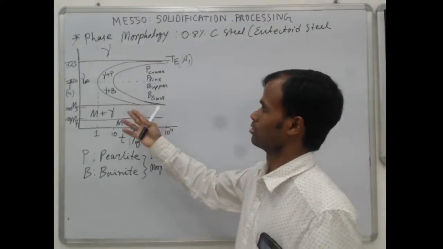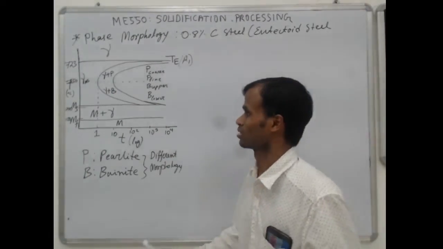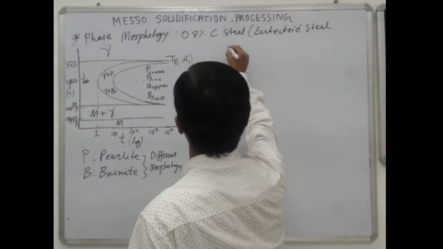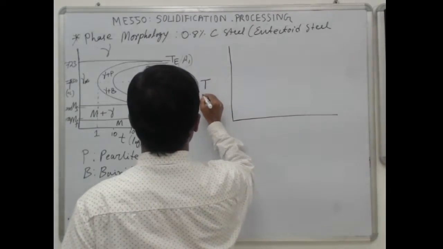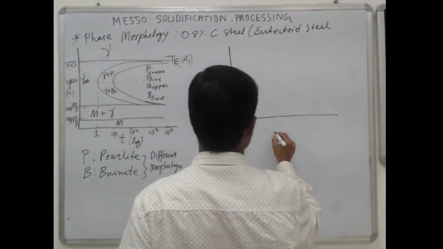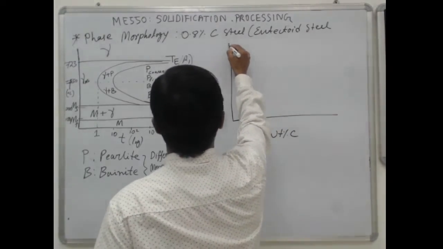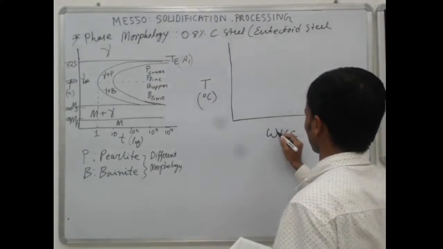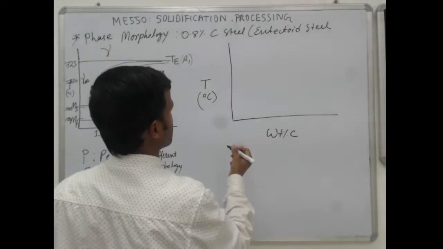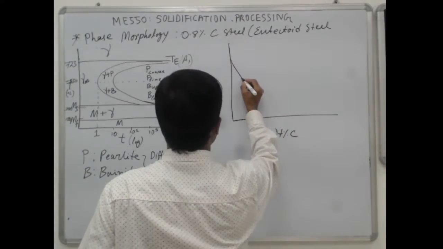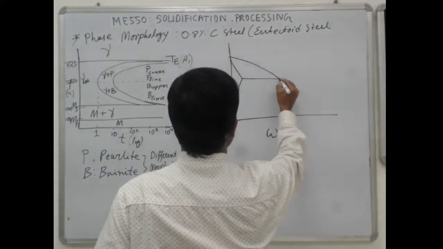If we want to understand the morphologies of the different phases, then we need to refer to the phase diagram. So let me draw some part of the phase diagram. This is temperature in degree centigrade versus weight percentage of carbon. This is only a part of the phase diagram, and this is the austenitic region.